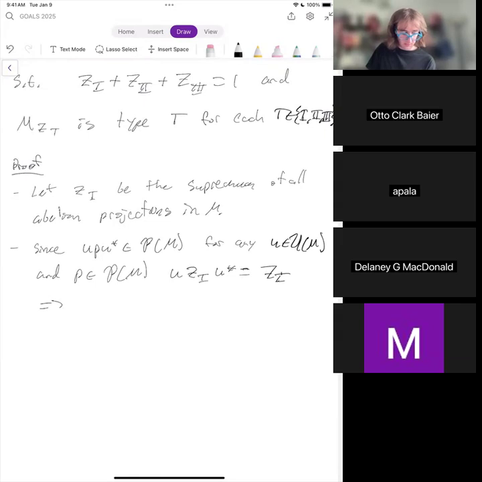Or we could say that this supremum of abelian projections commutes with all unitaries.